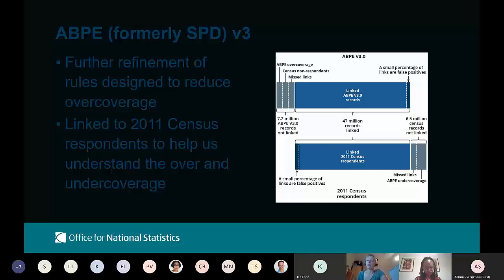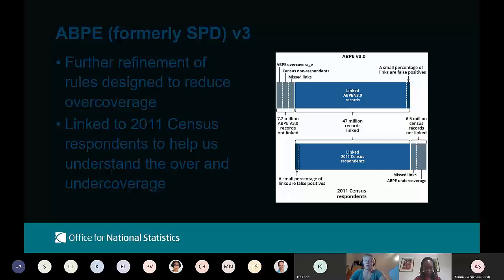And then our rules filter out those that we think are no longer in the UK. And we found that many of those records still linked to 2011 census respondents. And because we had the 2011 census, we were able to look at the characteristics of those people and try to understand a little bit more about them.